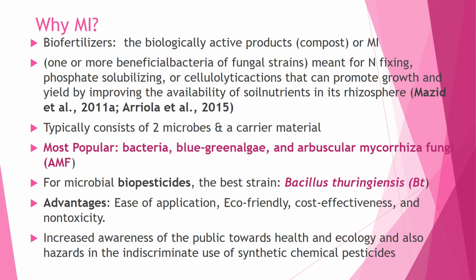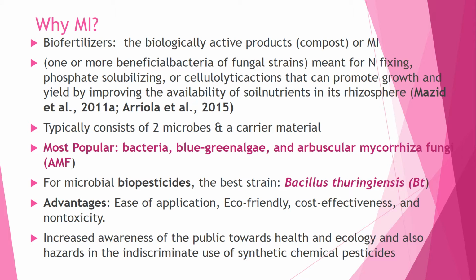This can improve nitrogen fixing and phosphate solubilizing. Also other enzymes like cellulolytic actions, they can promote plant growth and yield by improving the availability of soil nutrients in its rhizosphere. As I mentioned, this is the area around the root, hairy roots and so on.